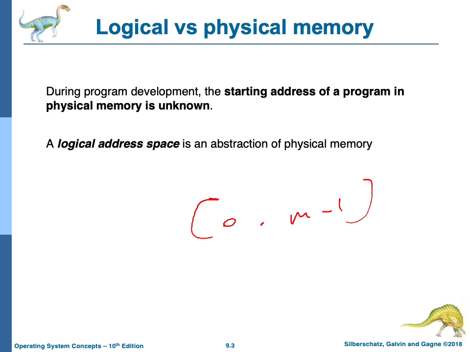Just like the physical address, where m now is the size of the logical address space. So before execution, a logical address space has to be mapped into physical memory, and then the program will be copied into the corresponding location in memory.